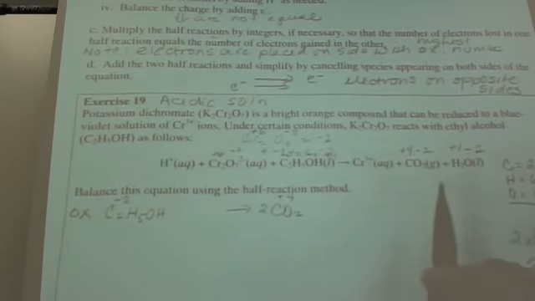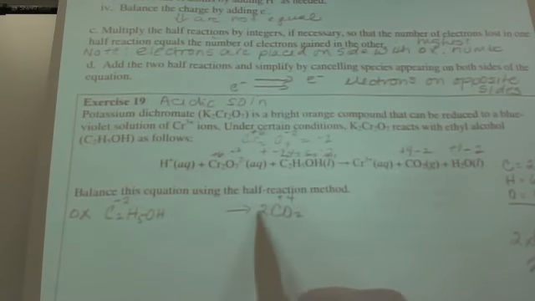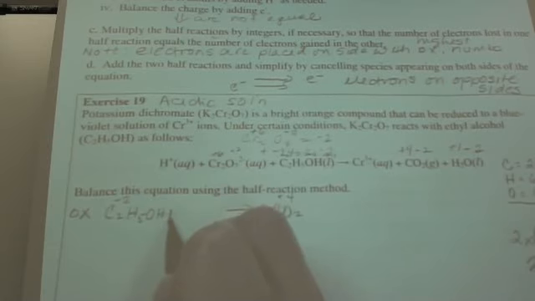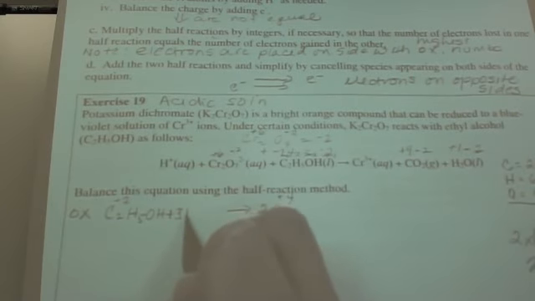And your only choice is to balance them by adding water. How many oxygens here? 1. How many here? 4. Okay, so to which side must I add oxygen? And how many? 3. And I can only do it by adding 3 waters.